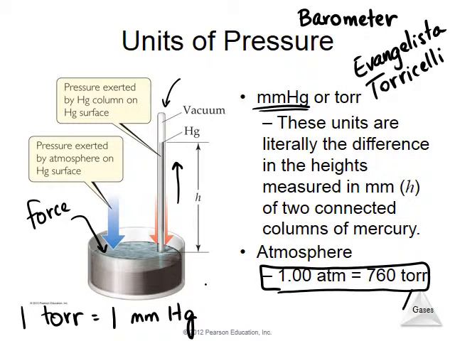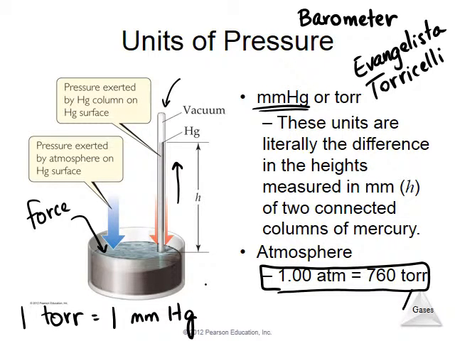But we want to think about the density of this material, how close it is together, and the amount of force that it takes to push on the mercury versus the amount of force it would take to push on a column of water. I have seen barometers that are water barometers. One of the universities that I've either visited or worked at, I don't remember which one, at one time had a water barometer.